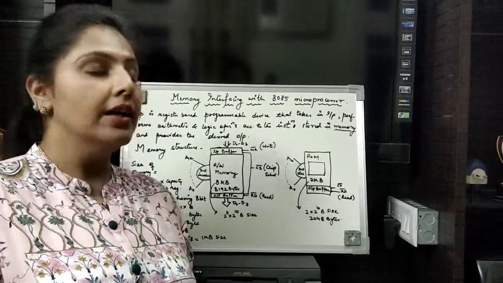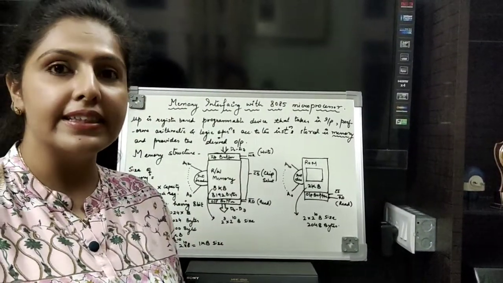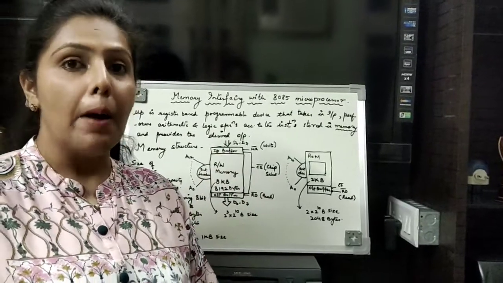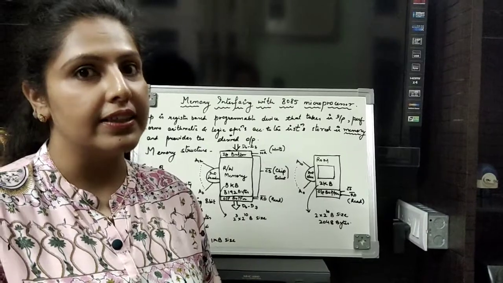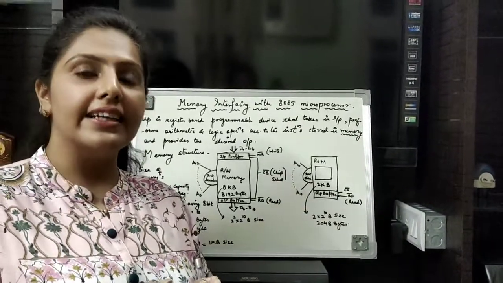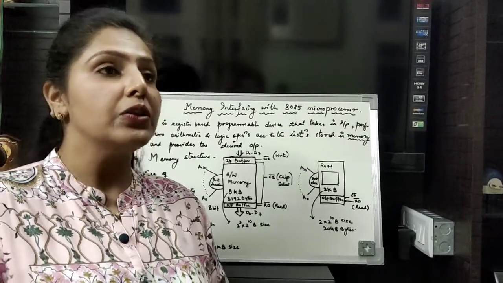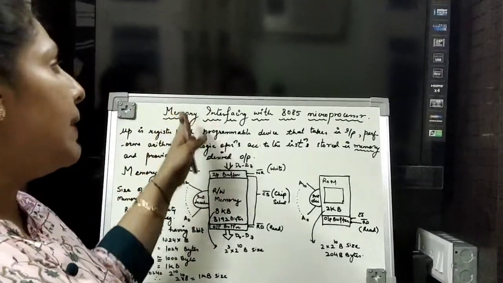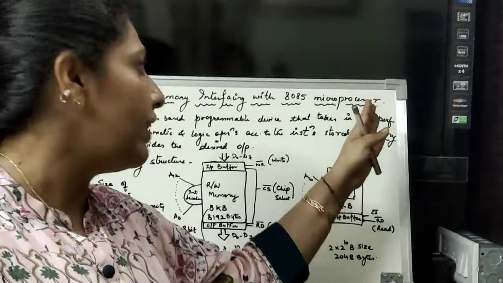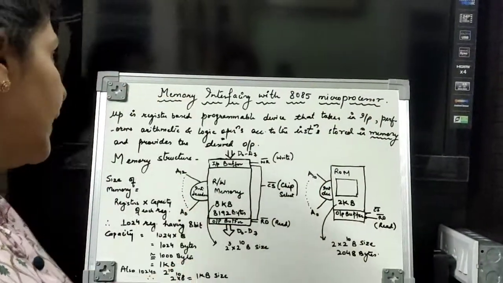Now, without memory and I/O devices, microprocessor is nothing. But without microprocessor, memory and I/Os are nothing. So all these devices go hand in hand. So it is very beneficial to study the memory interfacing with 8085 microprocessor in this way.